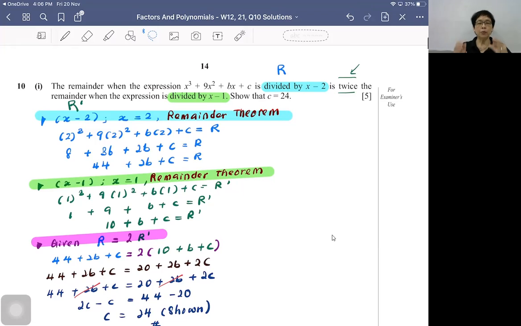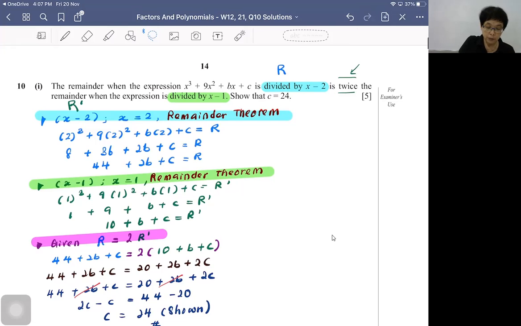Therefore, if you were to divide the polynomial expression by the divisor, after all the stages of long division, you will get the remainder, and this remainder will be the same value that you get when you substitute the x value. With that said, we have concluded our quick revision on the factor theorem and remainder theorem. Let's go on with the solutions of this question.